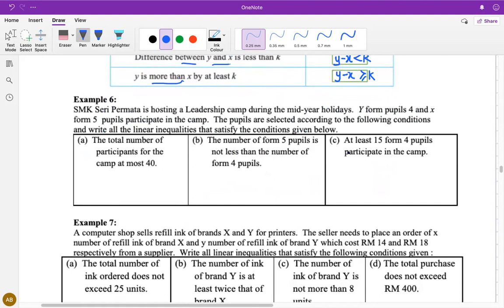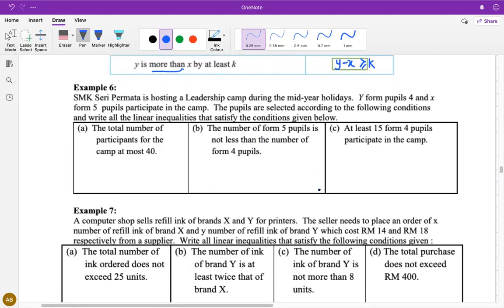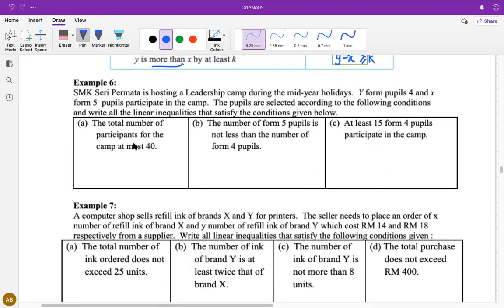So A, B, C will be combined and become a system of linear inequalities. What is the total of participants? Participants for the camp is at most 40, so x plus y is less than or equal to 40.